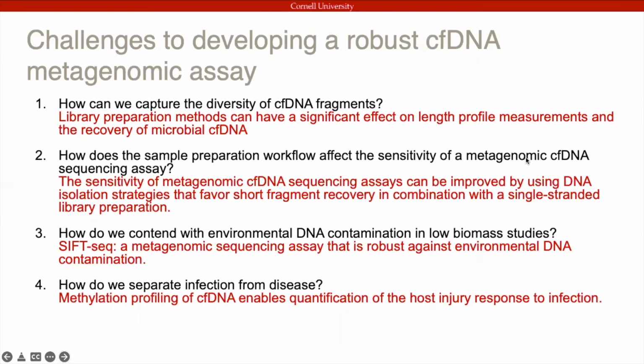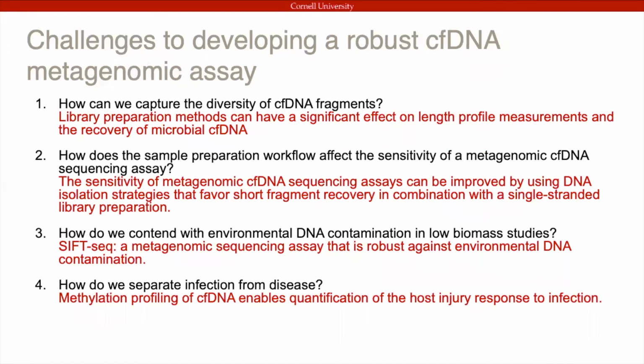So I've now presented a number of different ways we've addressed some of the challenges we face in developing a robust cell-free DNA metagenomic assay. In the first, in order to capture cell-free DNA fragments, it's really important to think about the library preparation protocol you use. Different protocols are sensitive to different types of fragments.